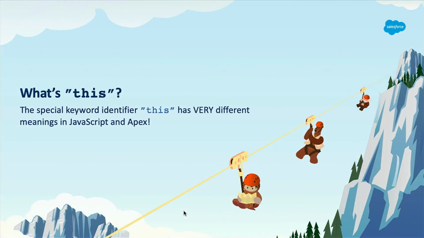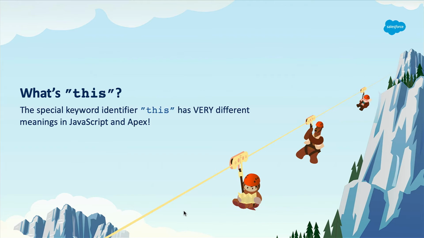And so that brings us to the this keyword. The this keyword has a very different meaning in JavaScript than it does in Apex. And it can be a very difficult concept to wrap your head around. I know I struggled with this a lot. I still struggle with this a lot. In fact, because the word this is inconveniently named, every time I'm going to refer to this as the identifier, I will say the this keyword.